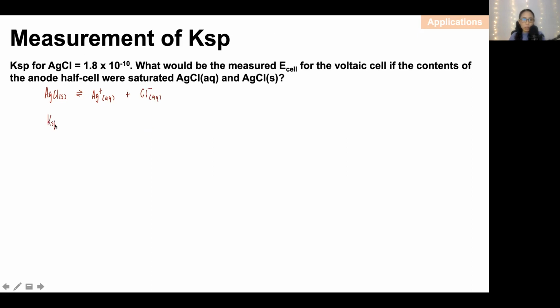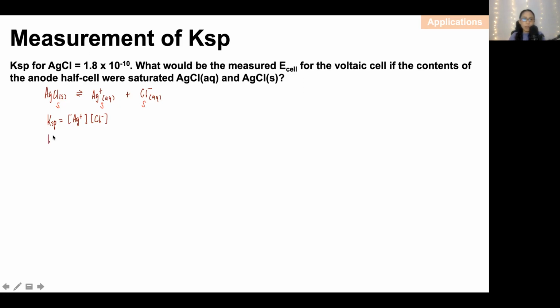So KSP is equal to concentration of silver ions times concentration of chloride ions. Again, if S is your solubility, then at equilibrium, you have S molar of silver ions and S molar of chloride ions, where S is your solubility.